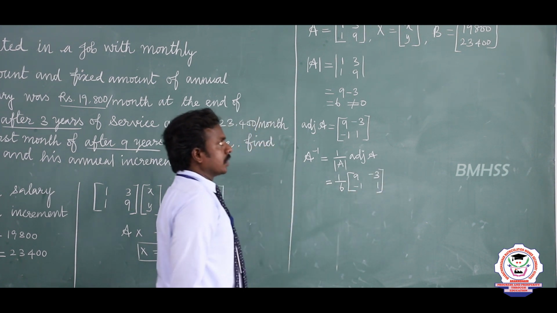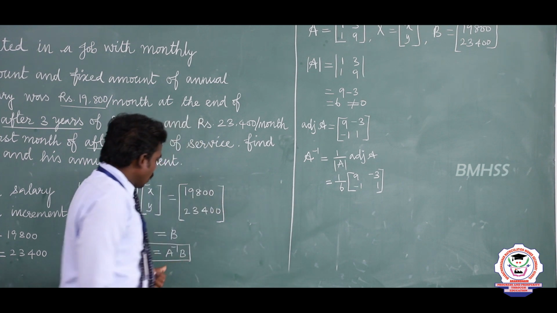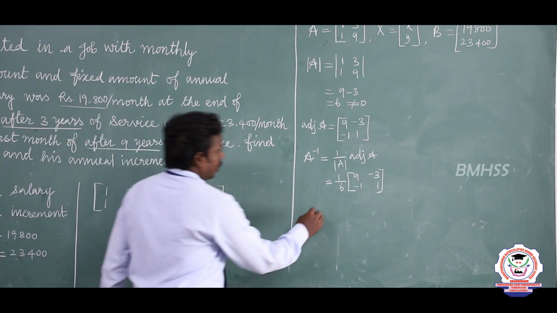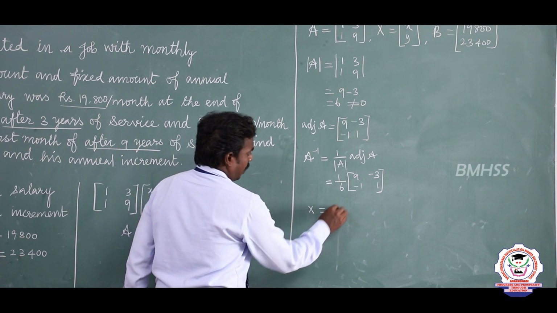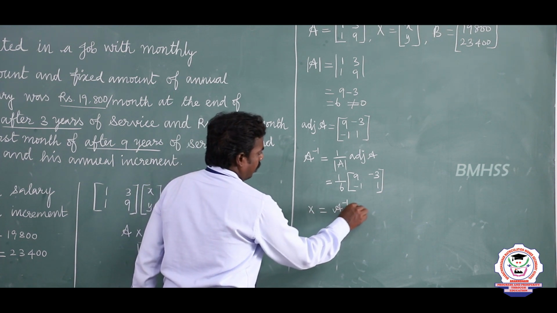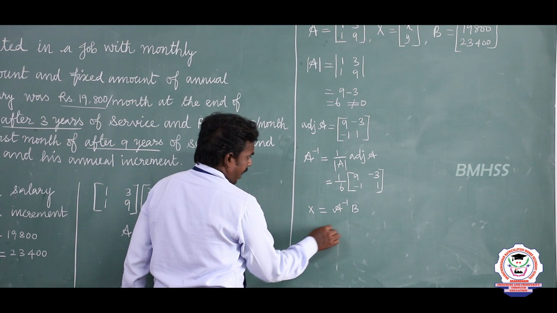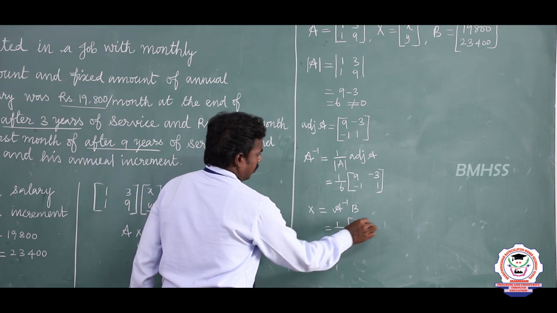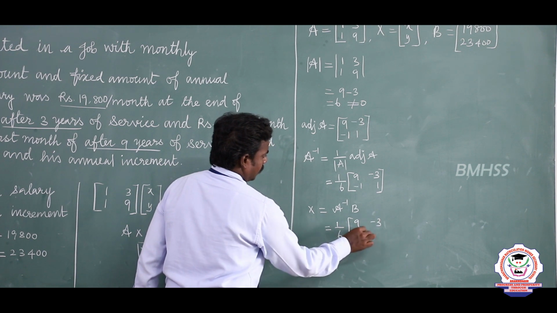This is A inverse. Next I want to find X. X equals A inverse into B matrix.